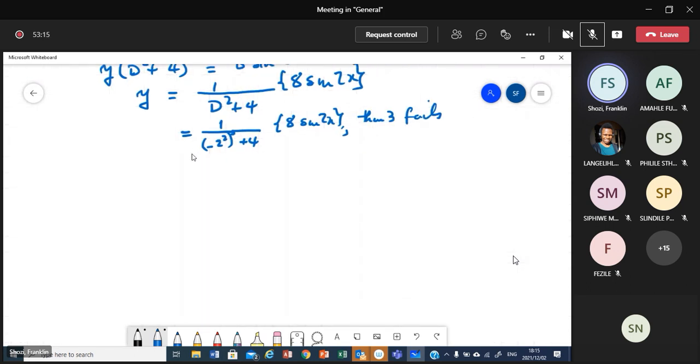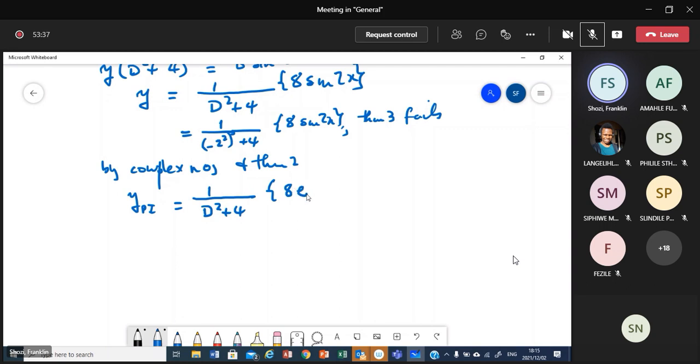Then you'll use complex numbers, then apply theorem 2. Exact parallel. By complex numbers and theorem 2, this becomes ypi is equal to 1 all over d squared plus 4 acting on 8e to the 2jx. But now, because there was sine here, sine falls under the imaginary.